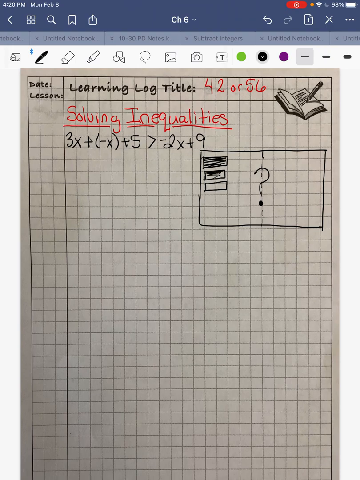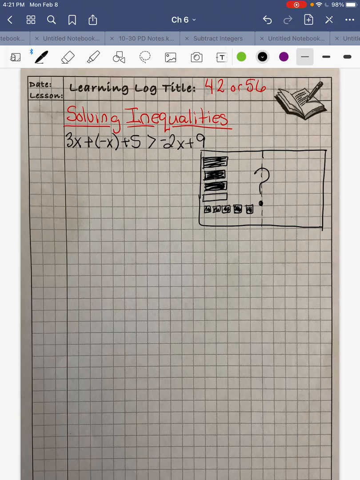The shaded ones are positive and the clear ones are negative. So there's 3x, and we have a negative x, so we're going to draw that one. That's clear. And we have 5 units, so 1, 2, 3, 4, 5. Those are positive, so again, I shade them in.